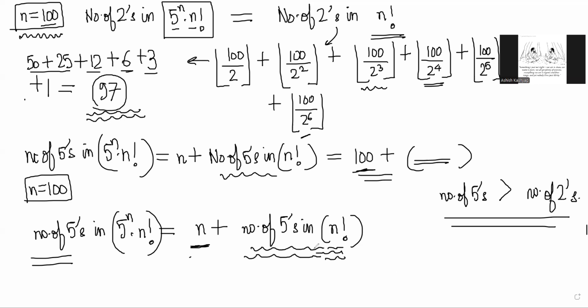That is correct. In this case, there are more 5s than 2s. So if we want to count the number of zeros, obviously it is enough to count the number of 2s, right? Since there are fewer 2s, the number of zeros will be equal to the number of 2s, not the number of 5s. I hope that is clear to everyone.